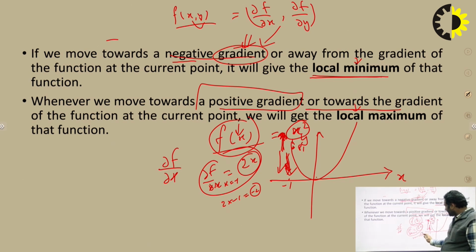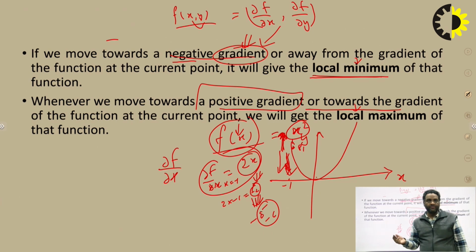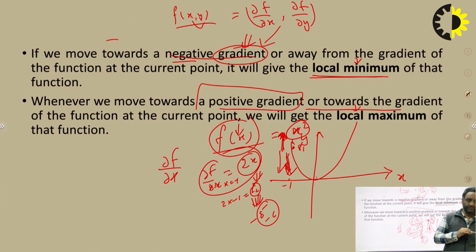So at this point, our gradient is -2. If we find a value less than this one, suppose -5, -6, or any value less than this one, that means we are on the right way to find the minimum value.